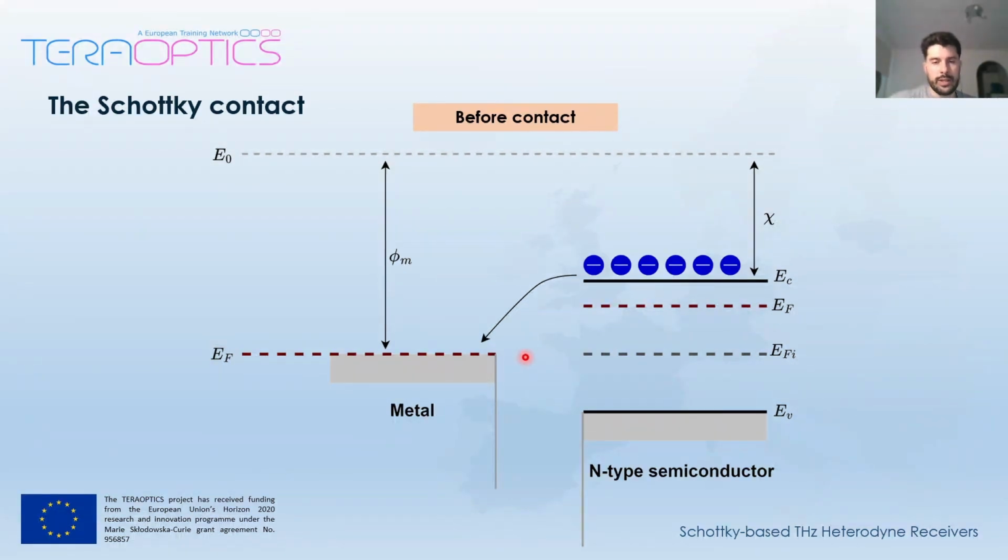Now, if we start bringing the metal and the semiconductor into contact, the electrons that are at a higher energy than in the metal will start to migrate to the metal until equilibrium is reached, and that means until the Fermi levels at metal and semiconductor are the same.